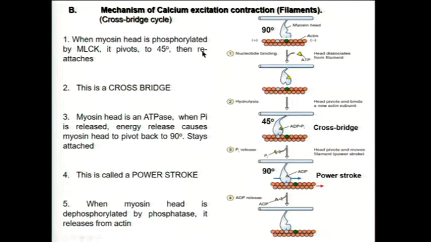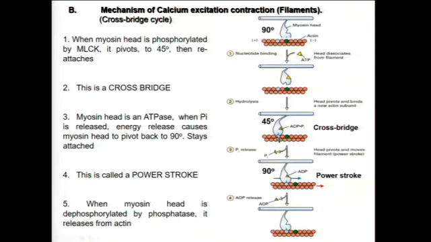Okay. When myosin light chain kinase phosphorylates it, it releases and it pivots and it reattaches at a 45-degree angle. So how you can tell that is there's this little green circle here. When it's phosphorylated, it releases from the green circle and binds to this light pink-purple circle right there.